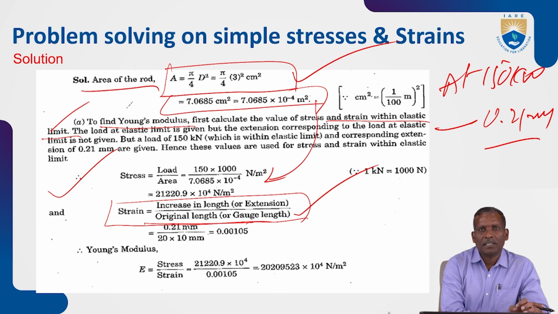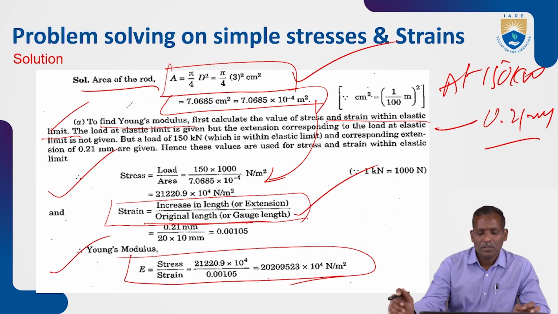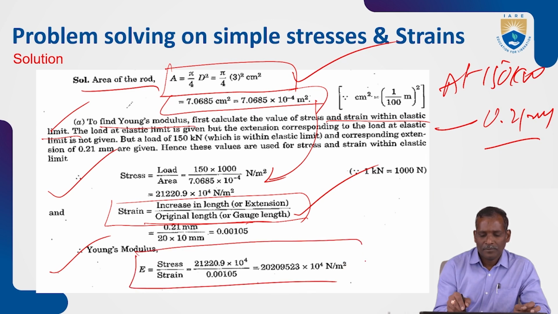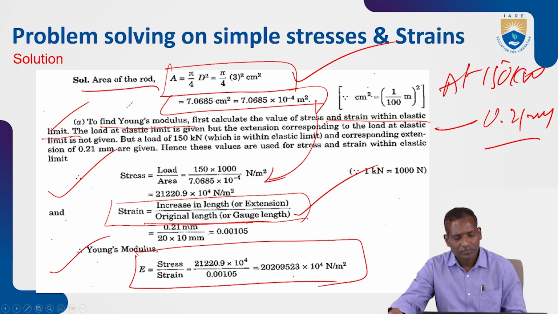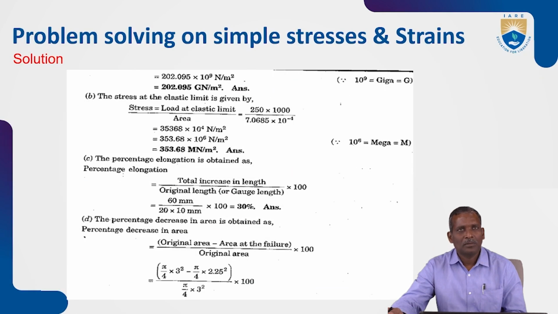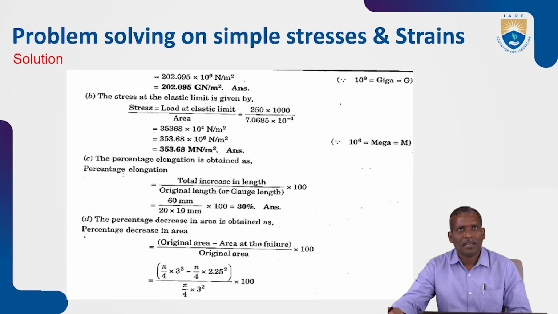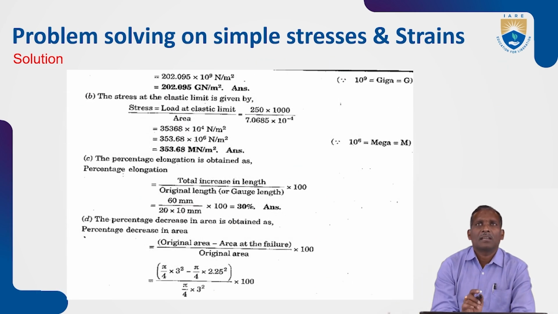So increase in length or extension is 0.21 by original length or gauge length, which is 20 into 10 mm. Now Young's modulus E is equal to stress upon strain. The Young's modulus is calculated and converted into giga.